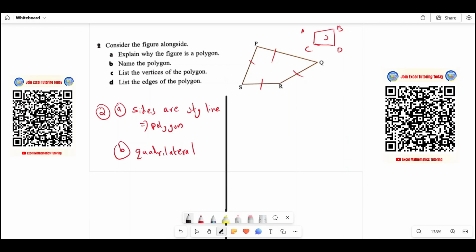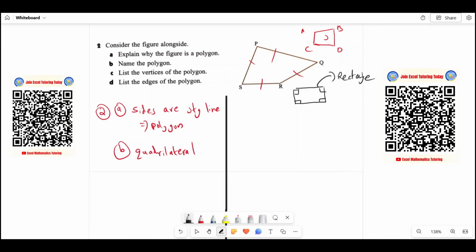For example, if I draw like this, every angle is equal, then we name this quadrilateral a rectangle.